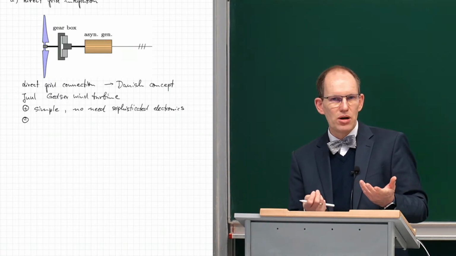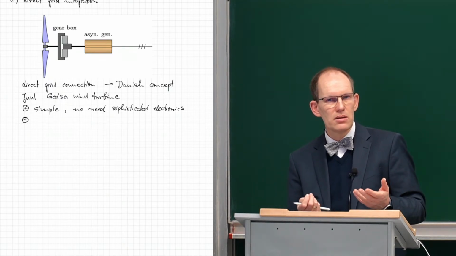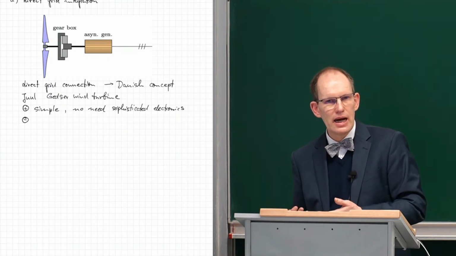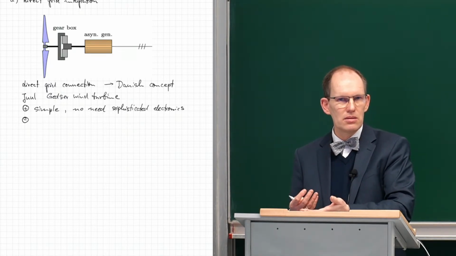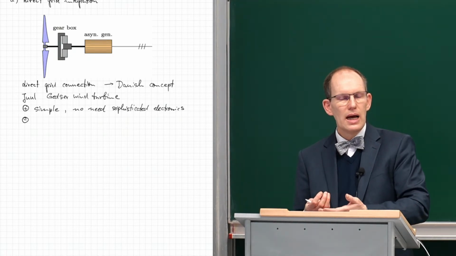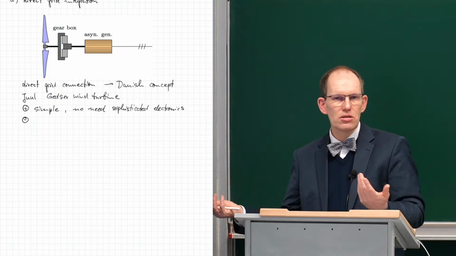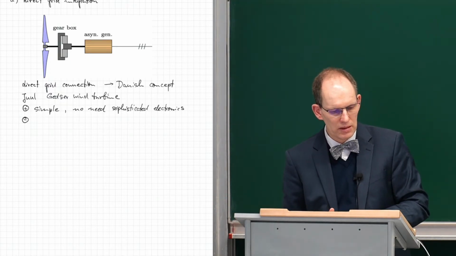And this is, of course, a problem for efficiency because we learned that a windmill is actually designed for a certain tip speed ratio. And if the wind speed would change, then you would change the rotation speed, and this is not possible here.